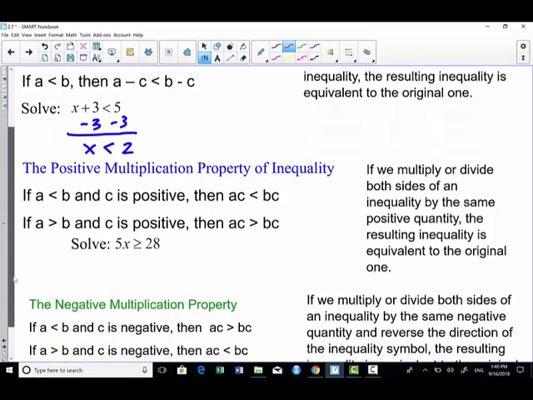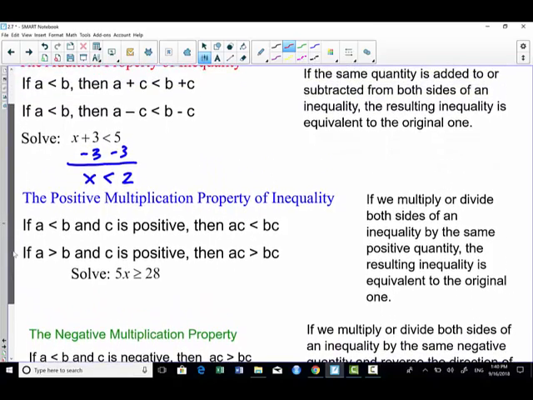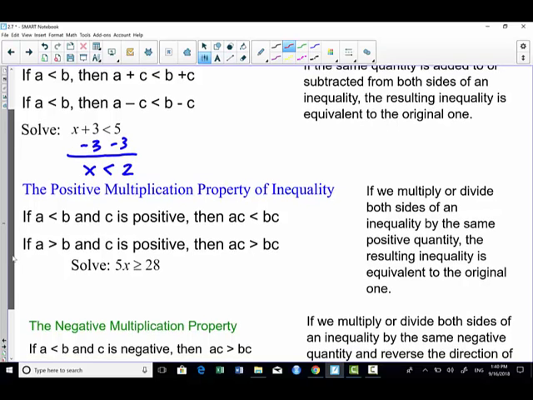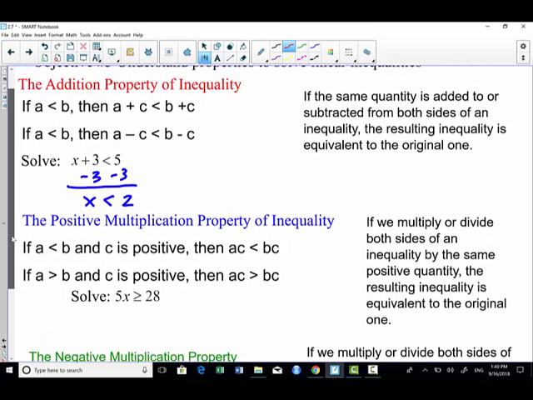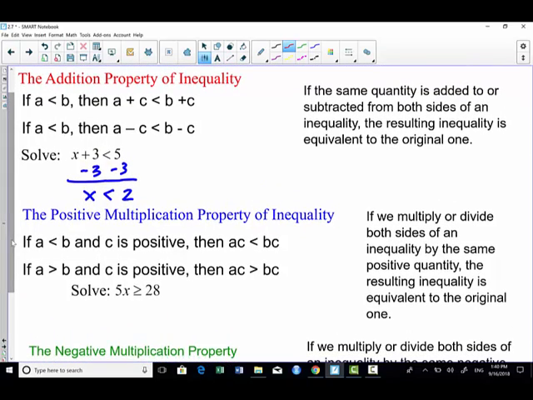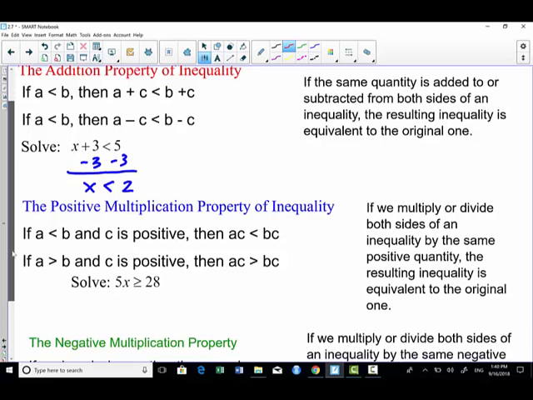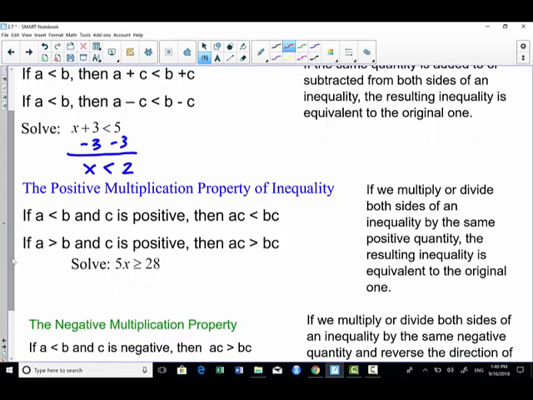This one is very similar, I will say it's identical, to the addition property of solving equations. The only difference is for solving inequality, oftentimes you will end up with a solution set rather than a unique number as solution of equation.